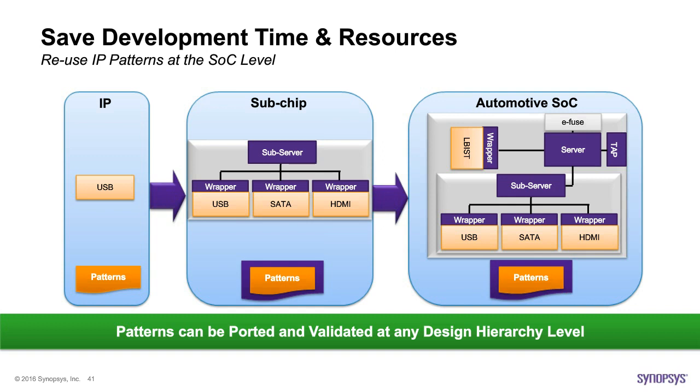And then we take this and incorporate it into this middle subchip level, where the USB with a few other IPs are in this subchip, and they have this purple infrastructure that allows us to access, to control and observe, but also to transport the patterns, now composite patterns for all these three IPs.